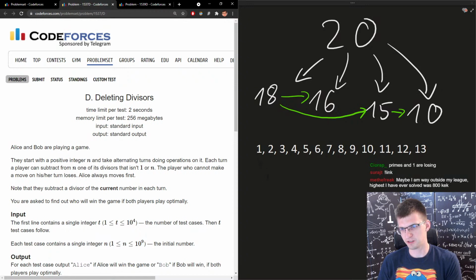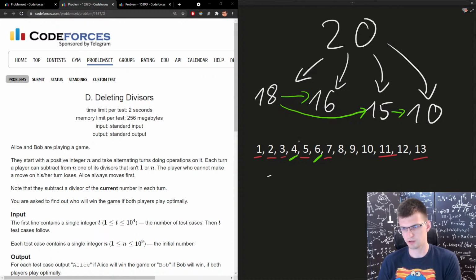So marking losing states. 1 is losing, 2 is losing, 3 is losing, 4 is winning. Well, all the primes are losing for sure. The winning state, because you can get to just any prime.